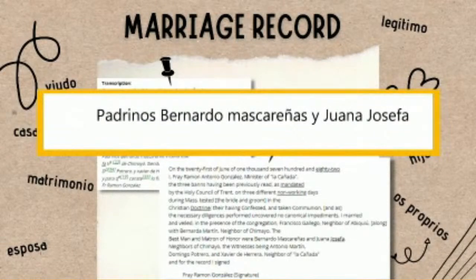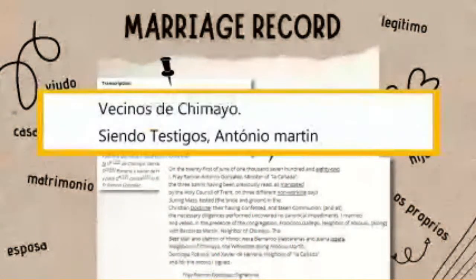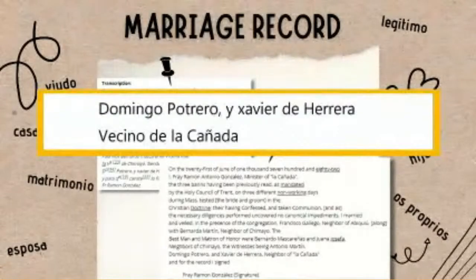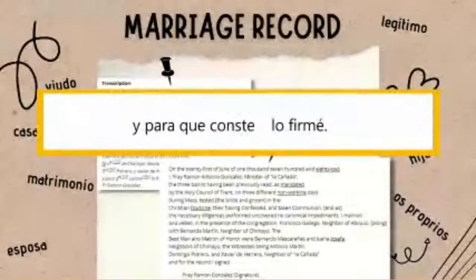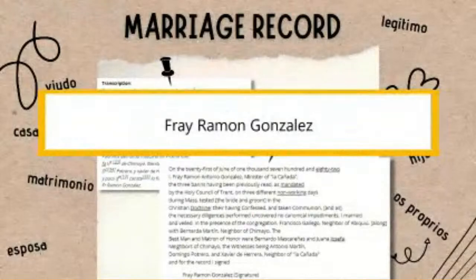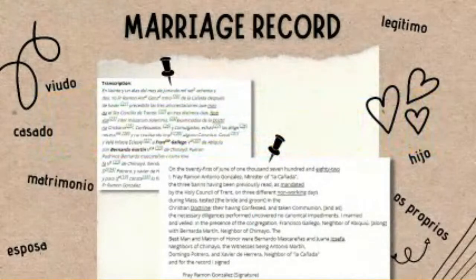The best man and matron of honor were Bernardo Mascareñas and Juana Josefa, neighbors of Camayo, the witnesses being Antonio Martin, Domingo Potrero, and Javier de Herrera, neighbor of La Cañada. And for the record, I signed, Fray Ramon Gonzalez.